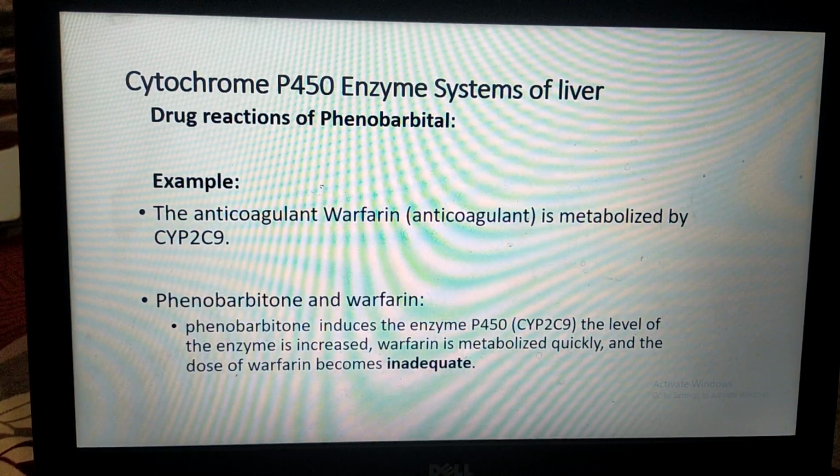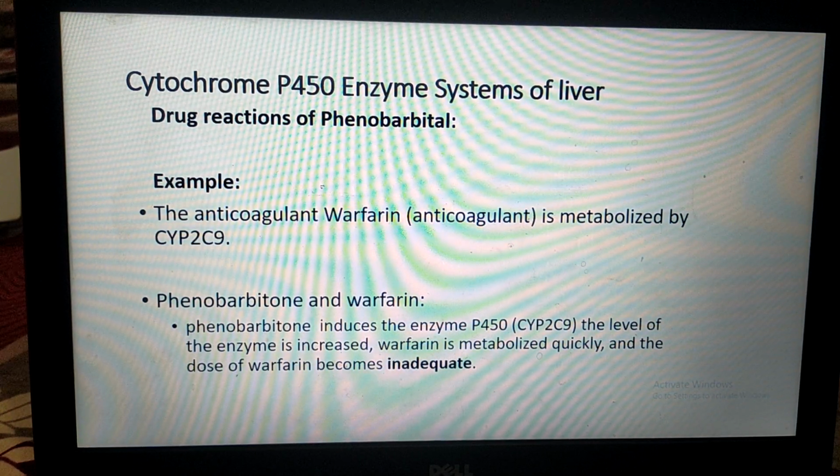Now we will study some drug reactions of phenobarbital, or interactions between phenobarbital and other drugs. So the first and most important example is warfarin. Warfarin is an anticoagulant drug.